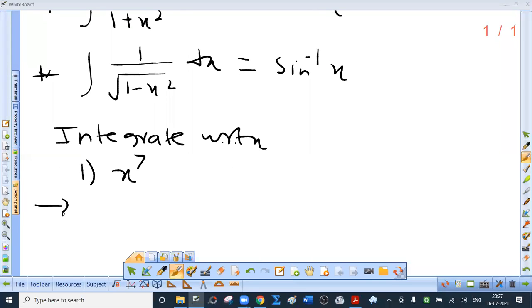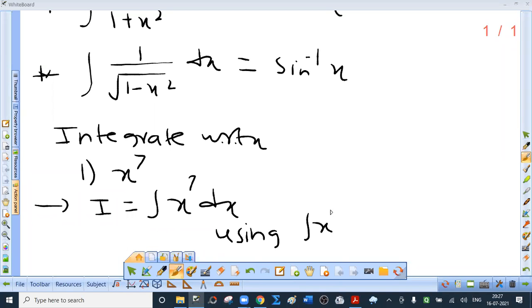Now for differentiation, we write y equal to. Here I write I equal to integral x raised to 7 dx. Now which result we have to use? Integral x raised to n dx is x raised to n plus 1 upon n plus 1 plus c.